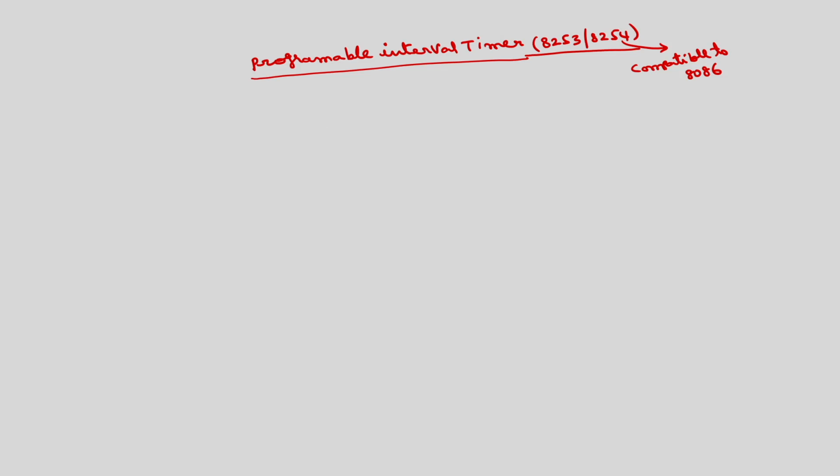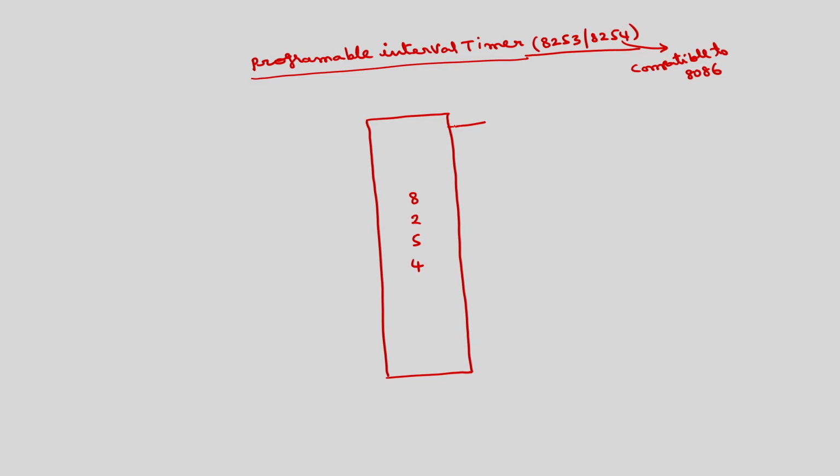So, this is basically a 24 pin IC which will have 3 timers and 3 16-bit counters. So, there are 3 control signals for each counter. One is clock 0, gate 0, out 0. This is counter 0 signals.